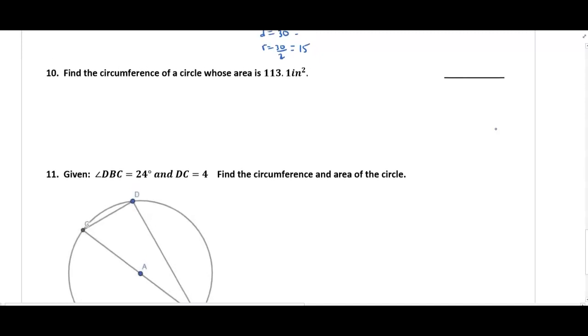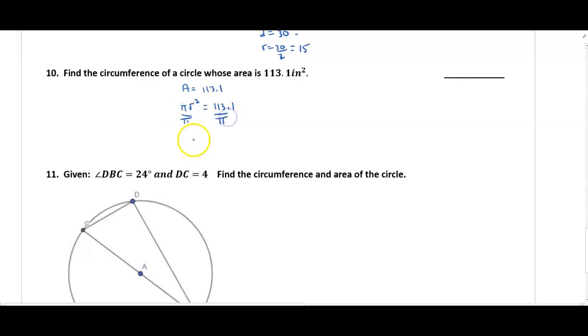Okay. Number 10, find the circumference of a circle whose area is 113.1 inches squared. So remember, the area is 113.1. That's already multiplying pi. So we know pi times the radius squared is equal to 113.1.